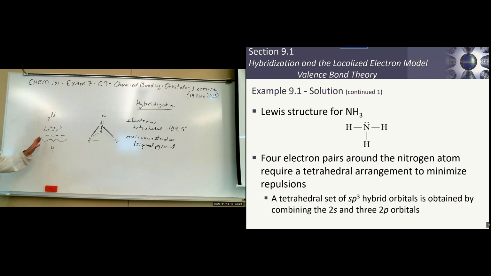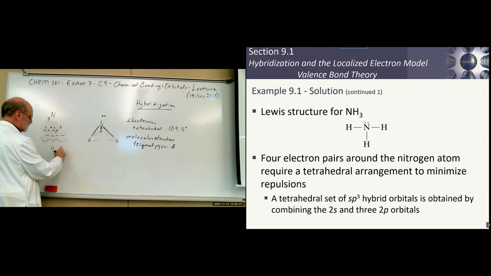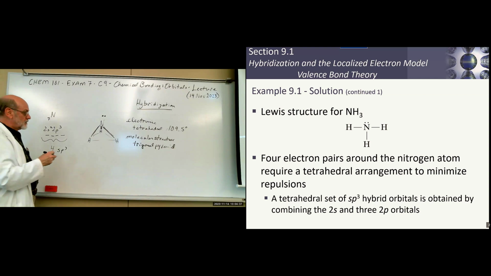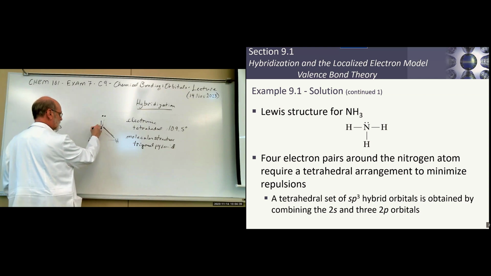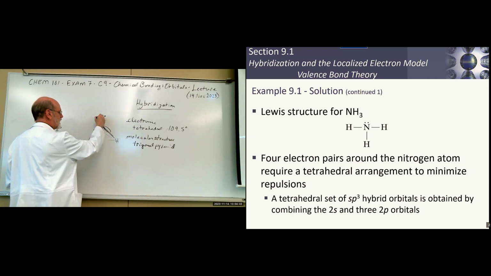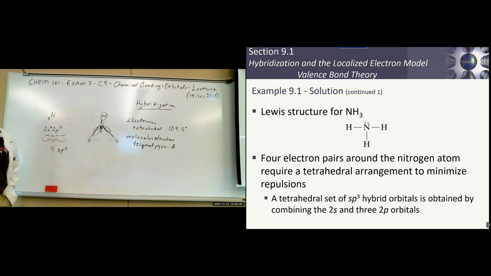If we're going to use them all, we have to come out with 4. So we have 4 sp3 orbitals. Now, how would that work with this molecule? Well, we only need 3 of them. We have one that goes out here, one that goes out here, and one that goes back there, and then another one that takes the lone pair.